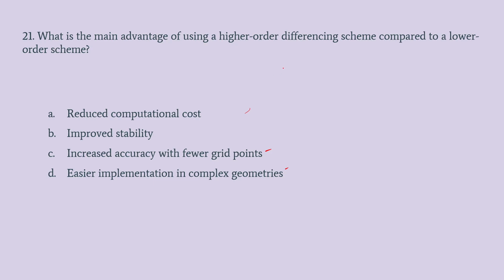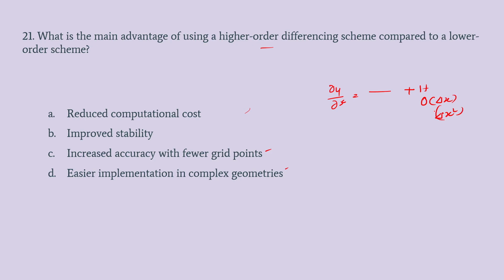So we have seen what is higher order differencing and lower order differencing. When we are using the Taylor series expansion, for ∂u/∂x there will be some expression plus some higher order terms. These higher order terms will be in terms of delta x or delta x squared or something.